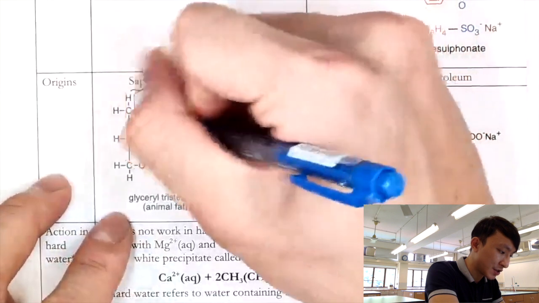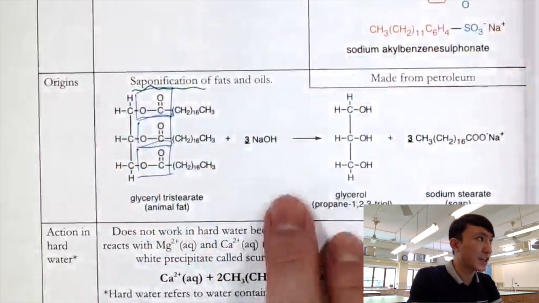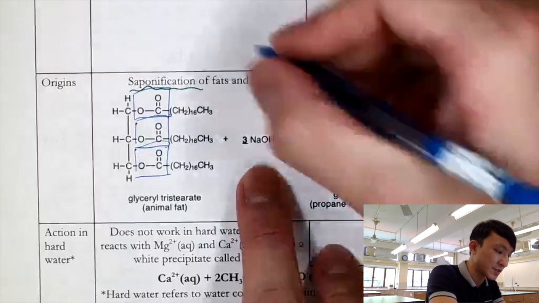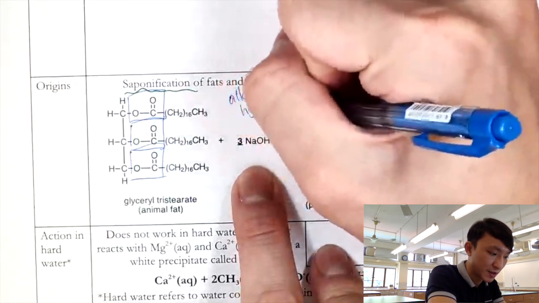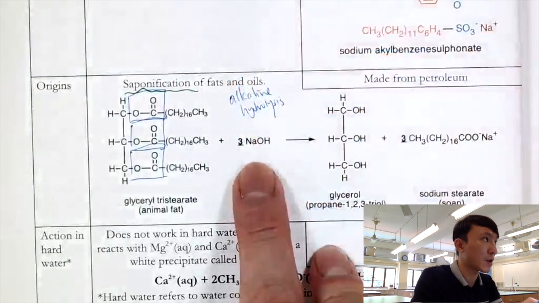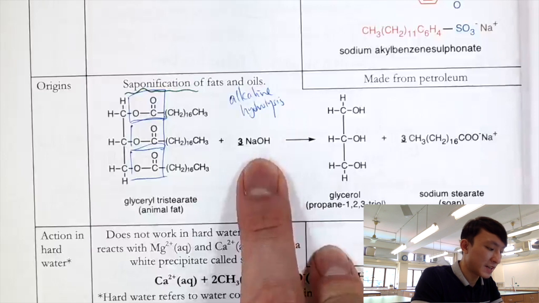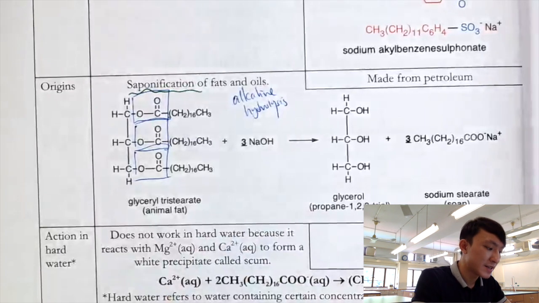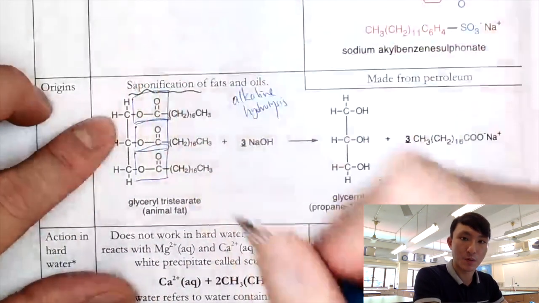1, 2, 3. Right? So what we are trying to do is to undergo a hydrolysis, or to be more specific, alkaline hydrolysis. We will add sodium hydroxide, and actually we undergo heating as well. So what it does is, recall your memory, we split at the ester bond.